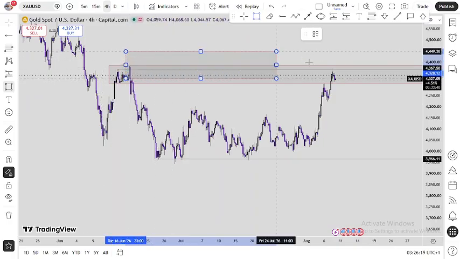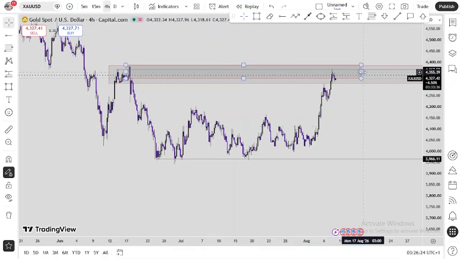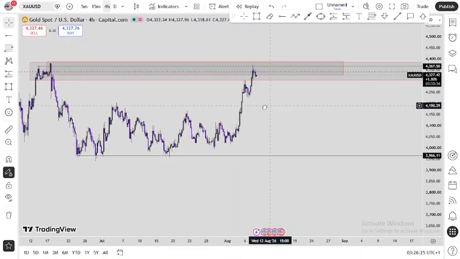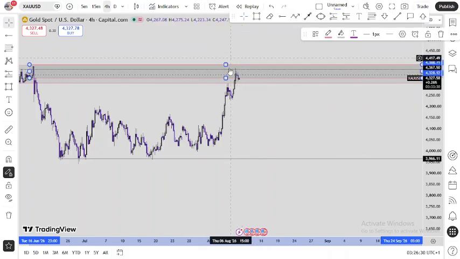So supply area within supply area on the 4H, and right now as you can see it has touched the supply area. So even if we are looking for buys, this is not the time to be jumping on the buys, because there will definitely be a reaction here.